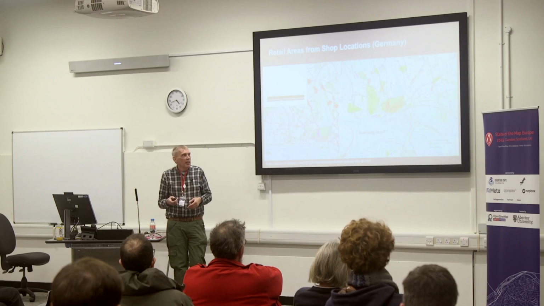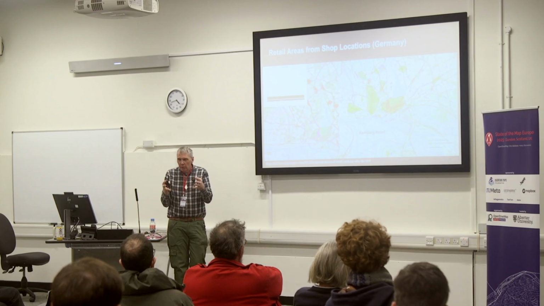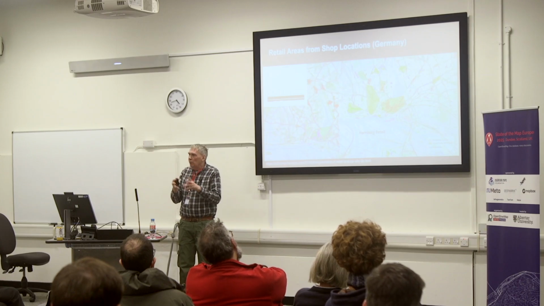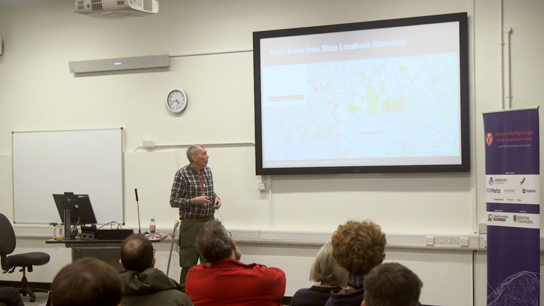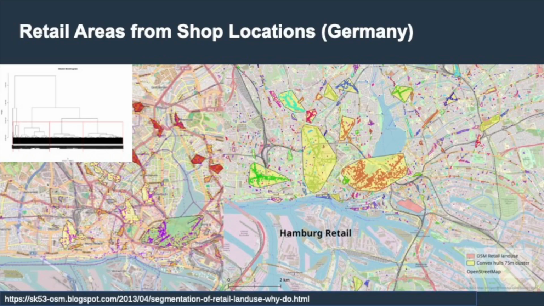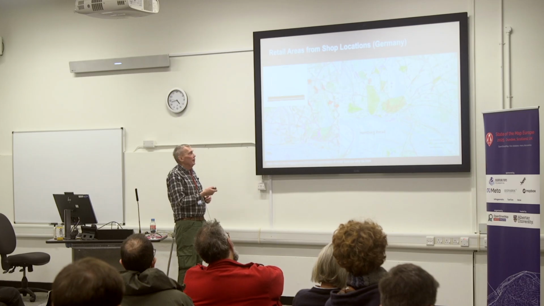Then I merged adjacent grid cells with points of interest, built up little patterns, and then put convex hulls around them, because at the time PostGIS or QGIS wasn't very friendly about it. It broke when you tried to do the shrink-wrap concave hulls.